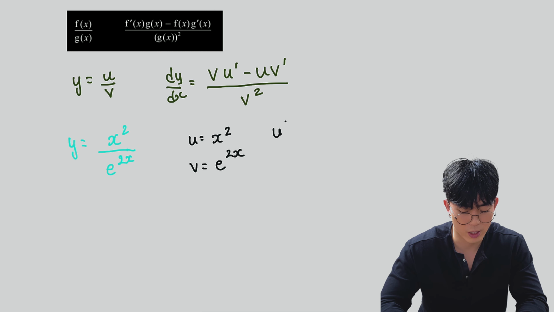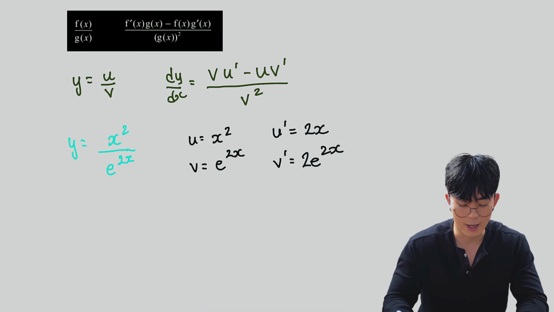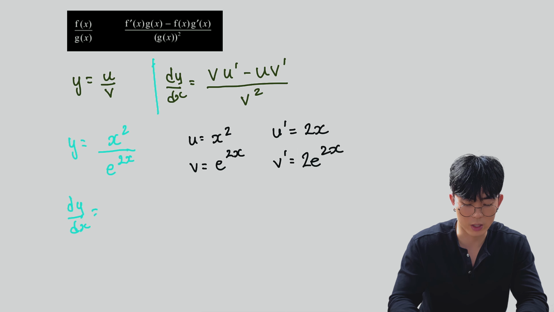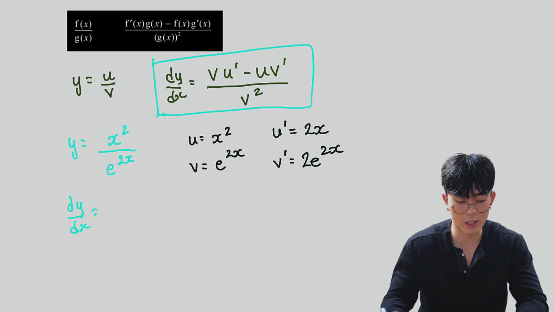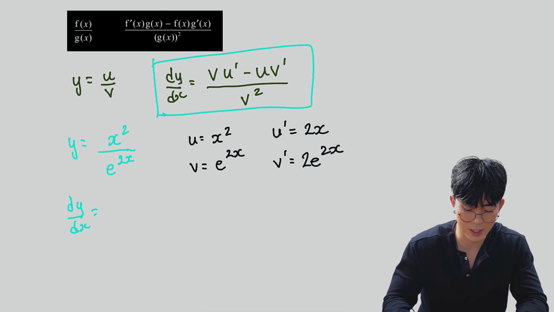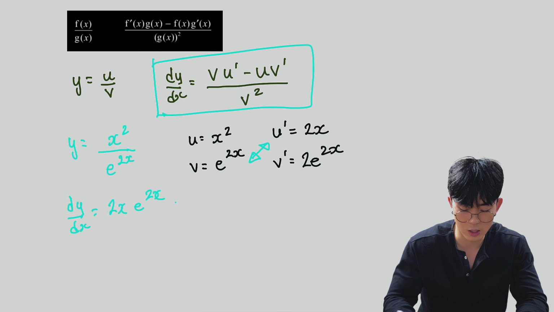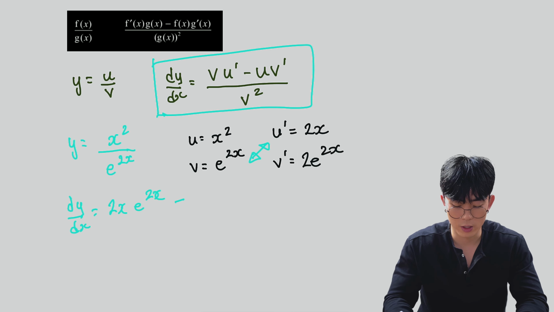But now I differentiate them separately, so u prime is simply 2x, and v prime is equal to 2e to the 2x. And if I want to now find the final answer, the derivative, then I have to follow this rule very specifically. So it's going to be v times u prime, these two, so it's going to be 2x e to the 2x minus, make sure it's a minus always, u times v prime, which is going to be these two values here.